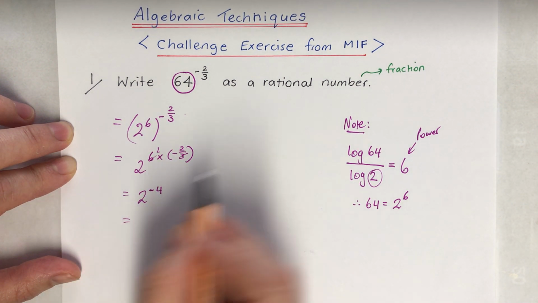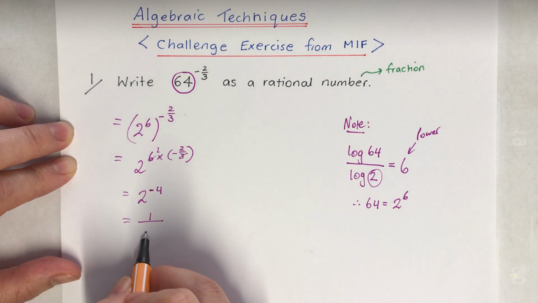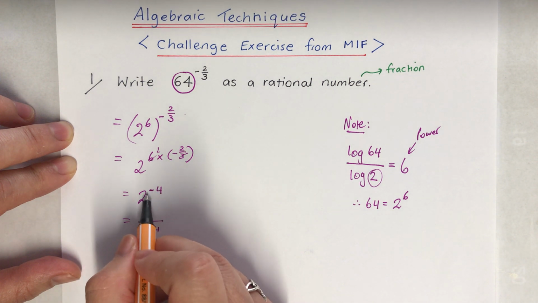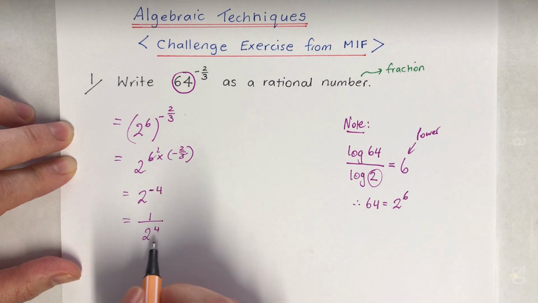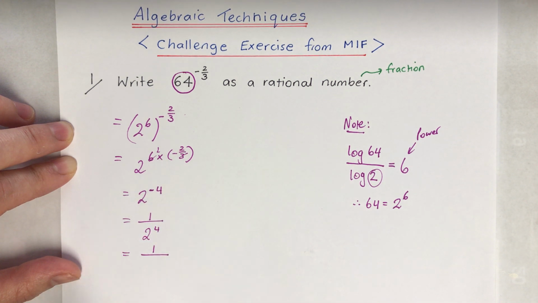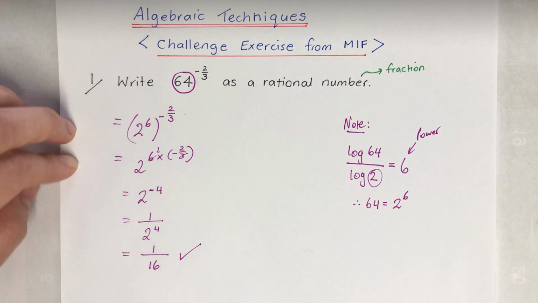Now this is not a fraction form yet, so I'm going to rewrite this, because that is something 1 over something, so reciprocal. So that will be 1 over 2 to the power of 4, which is 16. So the answer is 1 over 16.